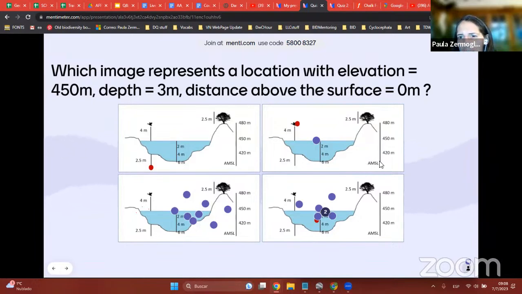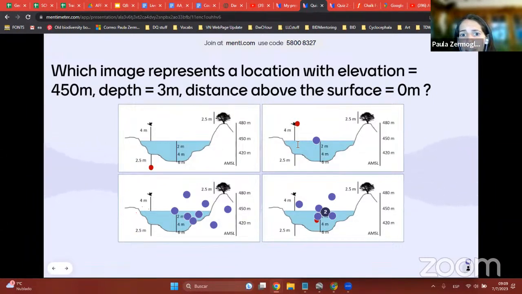And here where you have the reference that we're taking, really, that is the mean sea level. And so this dot here is at 450 meters of elevation. It has no depth. It's not underwater. So this one cannot be correct, just for that reason.